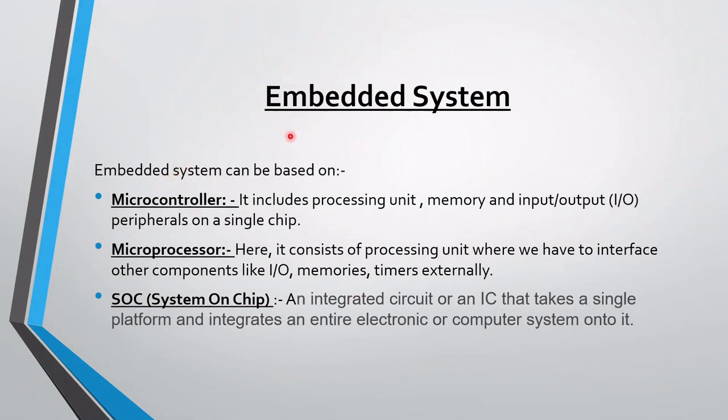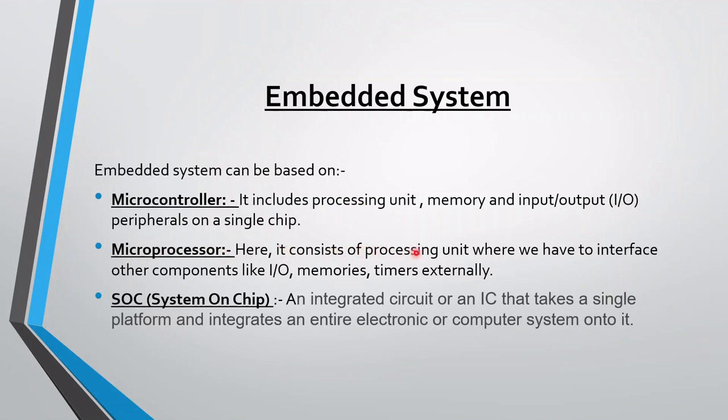When we talk of embedded systems, they can be based on any of three types, that is microcontroller, microprocessor, or SoC, system on chip. Microcontroller: it includes a processing unit, memory, and input output peripherals on a single chip. All these are included on the single chip. Next is microprocessor.